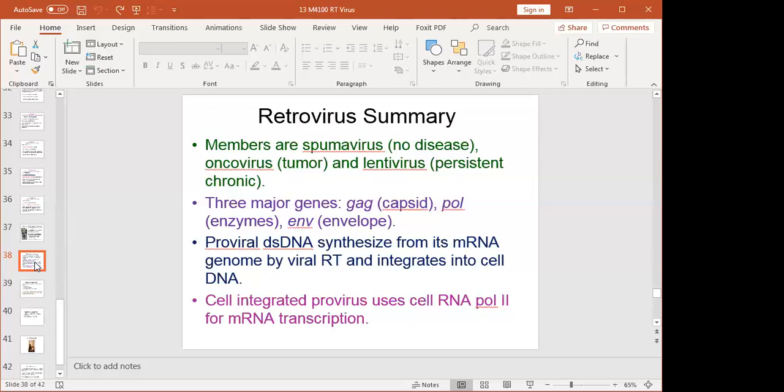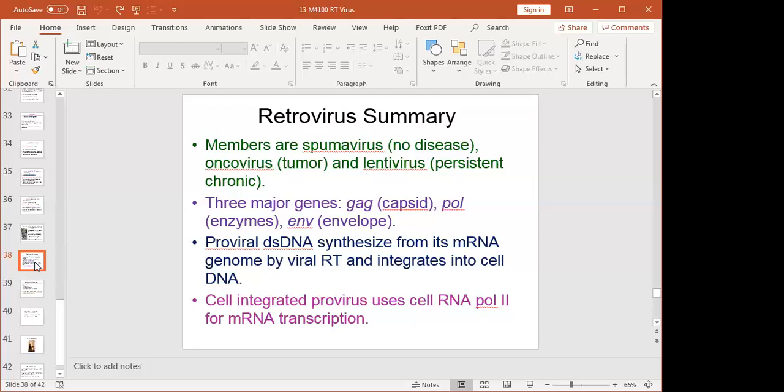So proviral double-stranded DNA is made from the viral messenger RNA genome, or positive RNA genome, by the use of the enzyme reverse transcriptase. Remember, we talked about the 2 jumps.